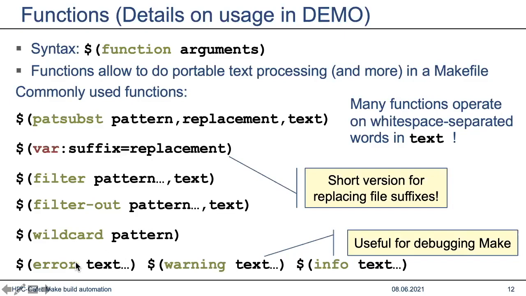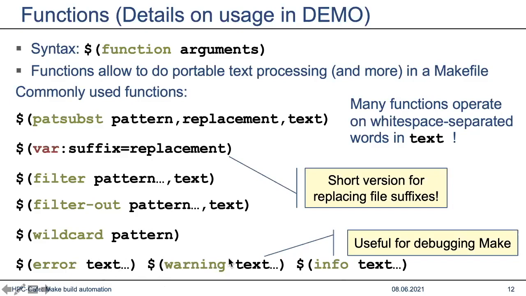And finally, you have those special functions, error, warning, info. Those expand whatever is text, can be variables. And in case of error, make will exit at this point in the makefile.